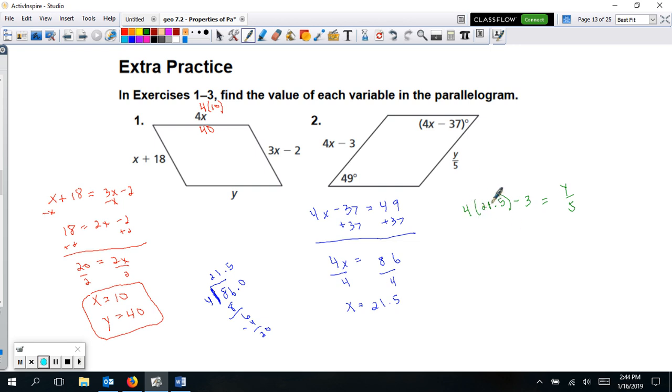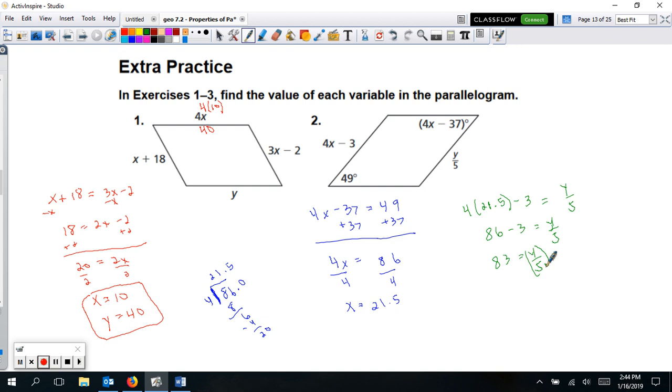So 4 times this 21.5, that goes back to 86, so we come back to 86 minus 3 equals y over 5, and we subtract 3 from this, so it's going to be 83 is equal to y over 5.